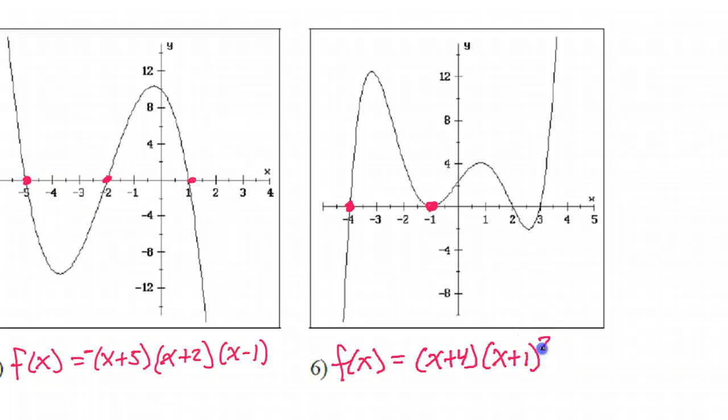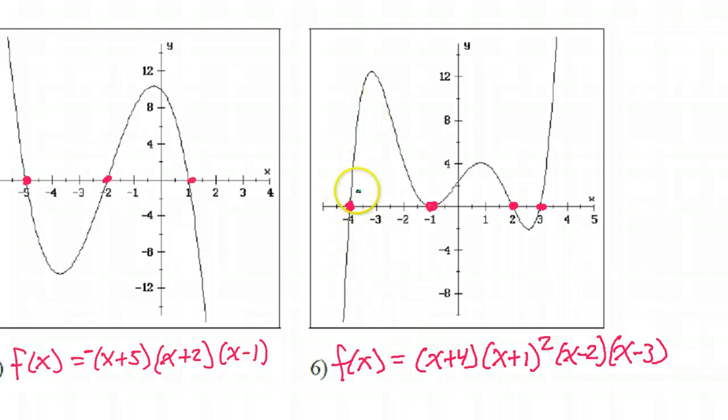That's a bounce, so let's square it. This one here at 2, that gives us x minus 2. And that's straight through, so we leave it. And then we have another one here at 3. So that'll be x minus 3. And again, that is straight through, so we just leave it.